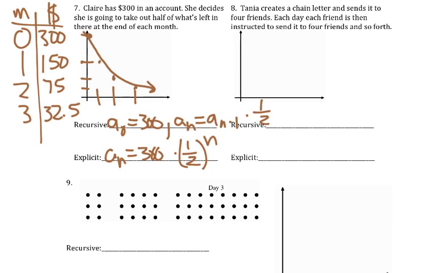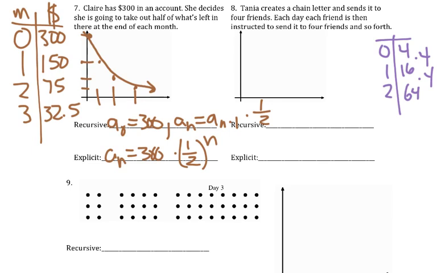It says Tanya creates a chain letter and sends it to 4 friends. So she started out and sent it to 4 friends. Each day, each friend is instructed to send it to 4 other friends. So each friend sends to 4 friends, which would be 16, timesing by 4, and so on.